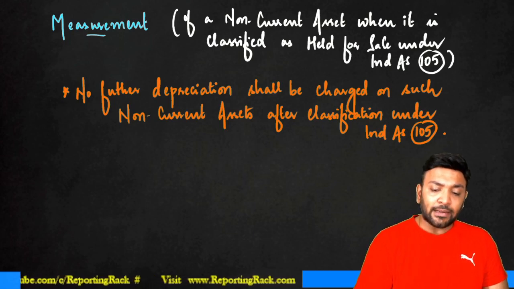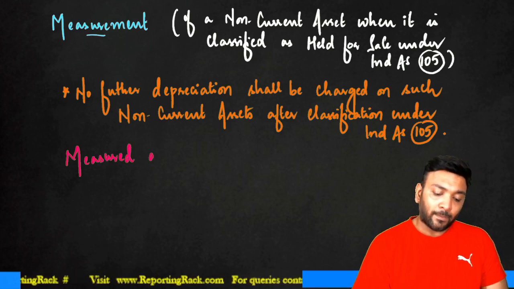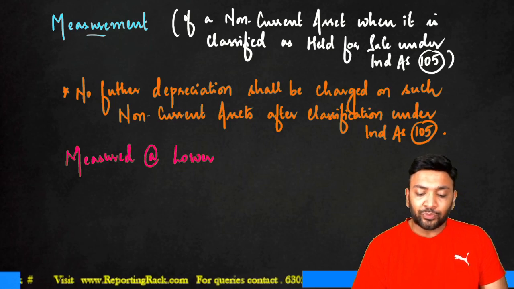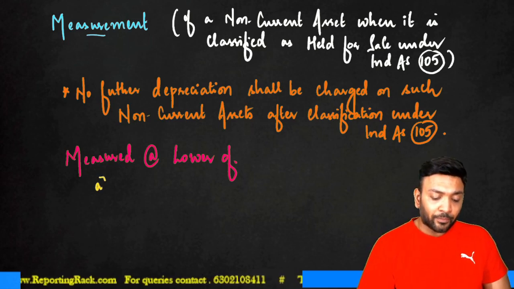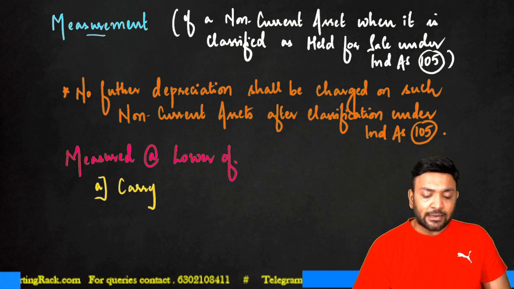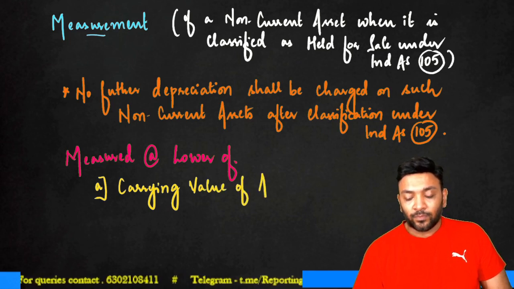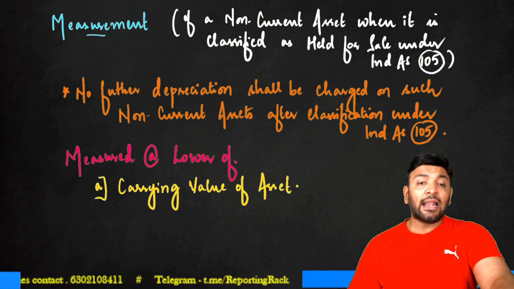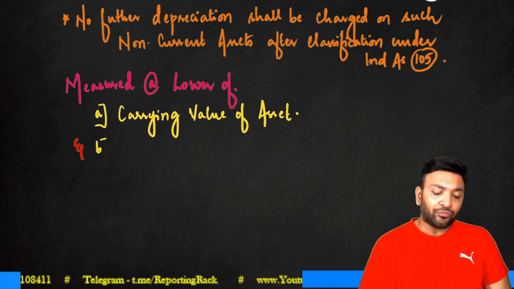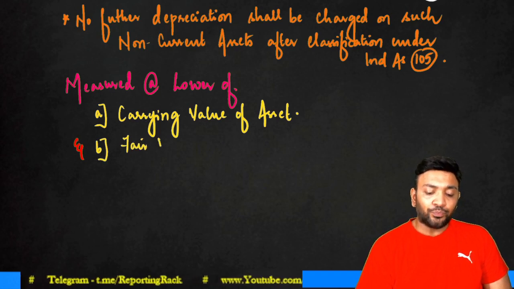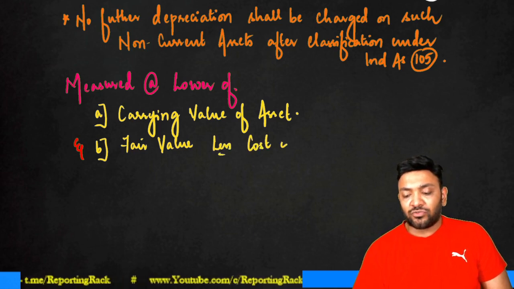They should be measured at the lower of, number one, the carrying value of the asset, and part B, their fair value less cost of disposal.